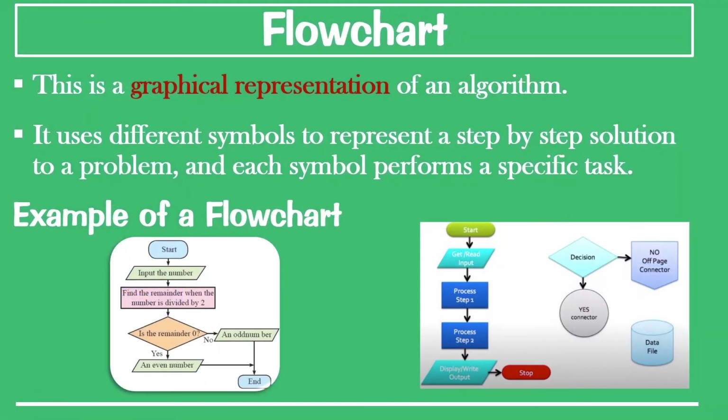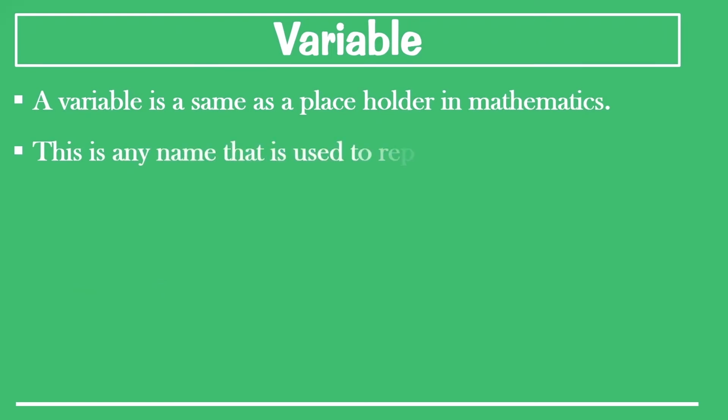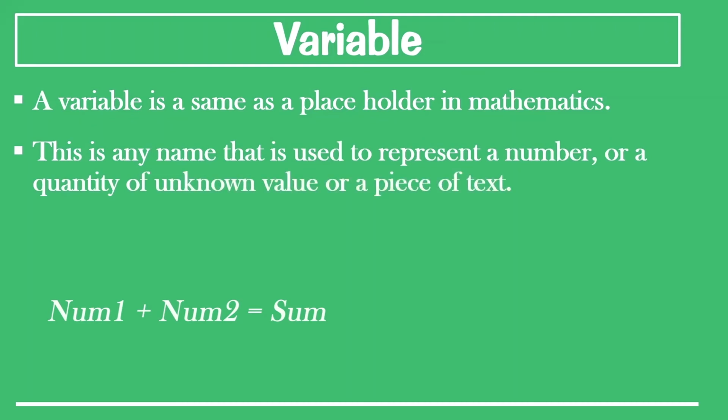The last item we need to look at is a variable. Variables are very important when it comes to writing an algorithm. A variable is the same as a placeholder in mathematics. This is any name that is used to represent a number or a quantity of unknown value or a piece of text.